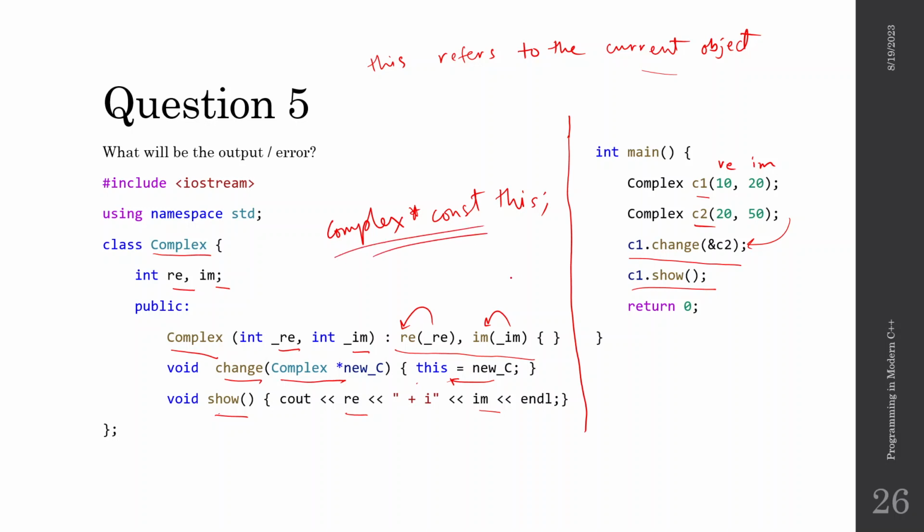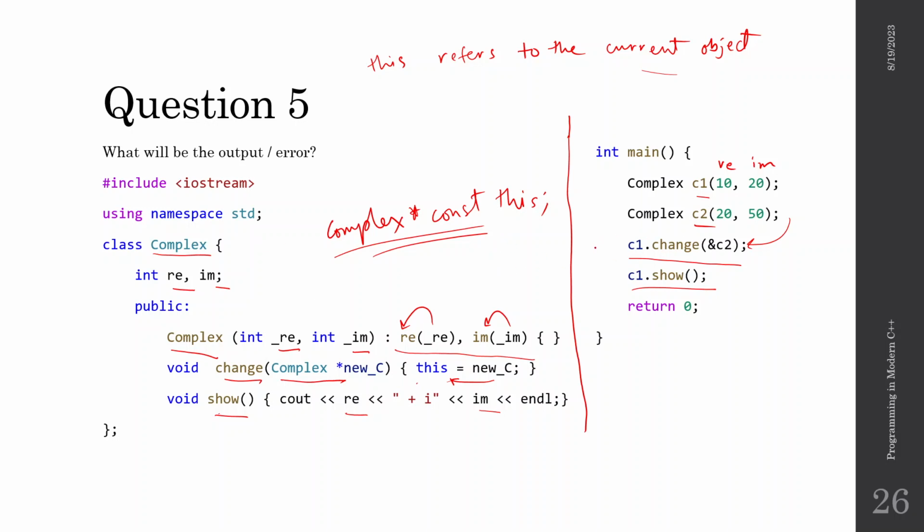This is the data type of the this pointer. What it means is that the pointer cannot be modified. The pointer is a const pointer, which means the address it's pointing to cannot be modified. The objects c1 and c2 themselves are not const.